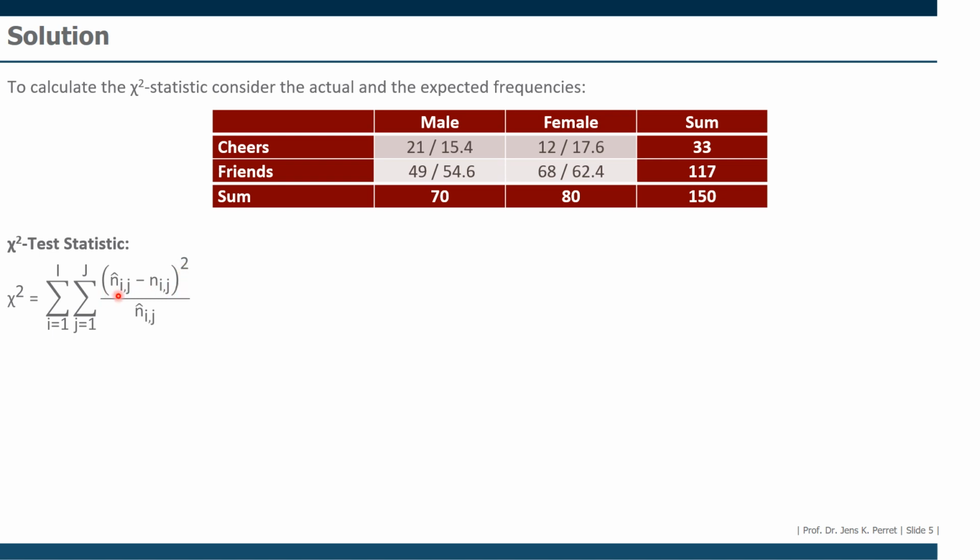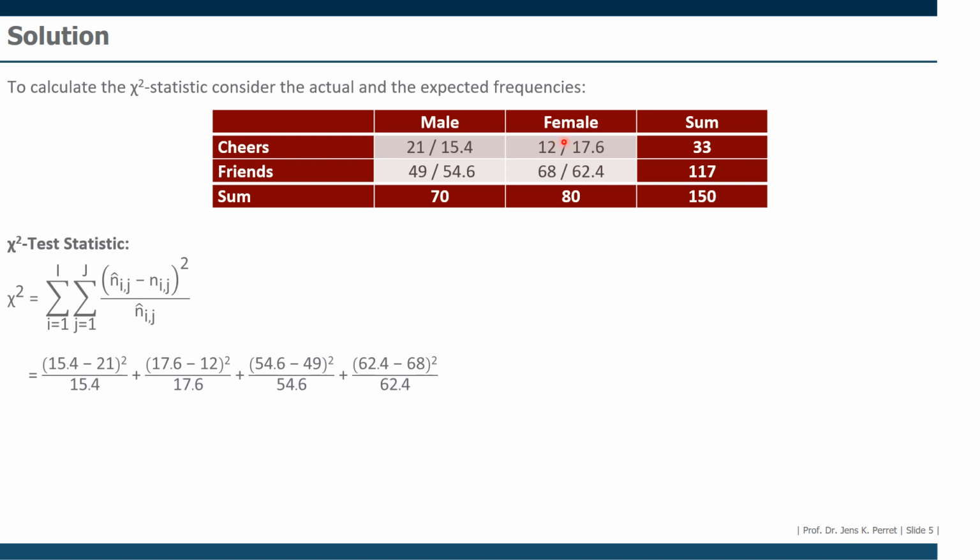Finally, this squared result is divided by the expected frequency. Well, this looks a bit more intuitive once we see this with numbers. So for the first part, it's 15.4 expected frequency minus 21 actual frequency, squared, divided by 15.4 expected frequency.